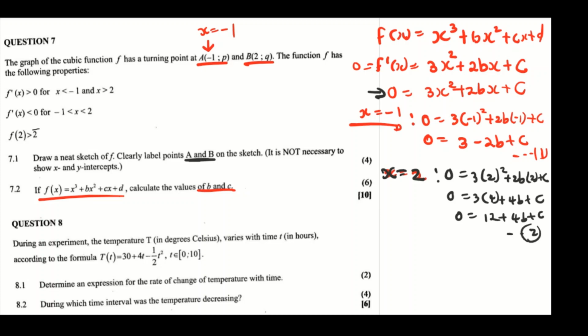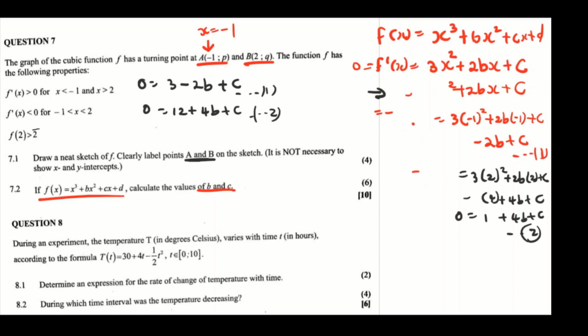Equation 2, right? So my equation 1 is 0 is equal to 3 minus 2b plus c. Equation 2 is 0 is equal to 12 plus 4b plus c, right? So now let's solve using simultaneous equations.